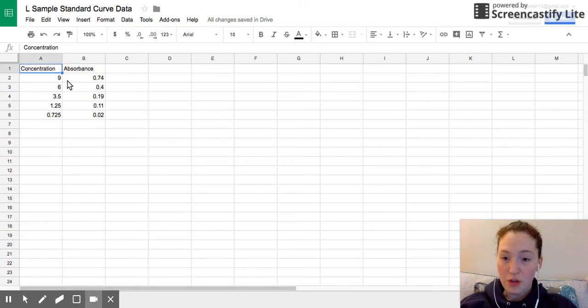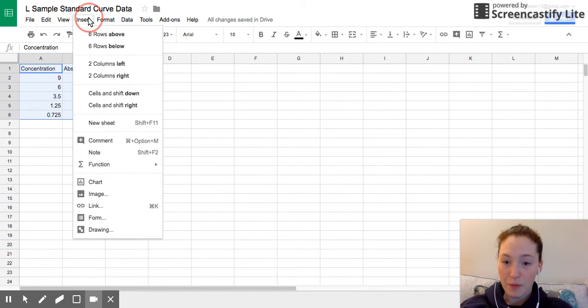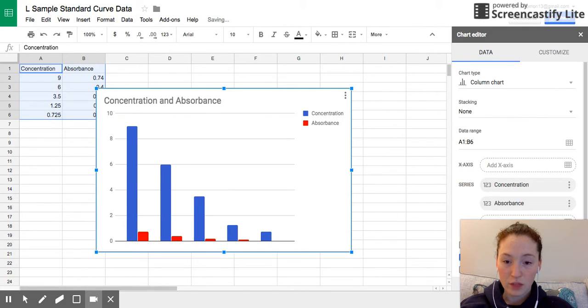In order to make the standard curve, you will select the data that you want to graph. So I selected both columns, and then I will say Insert Chart. Now it comes up with a column chart. I don't want that.